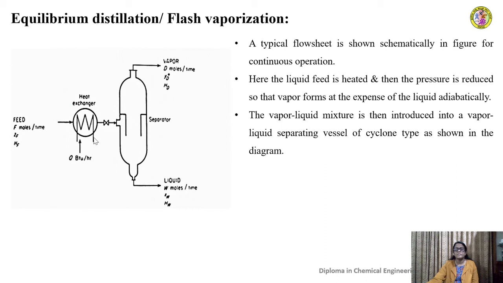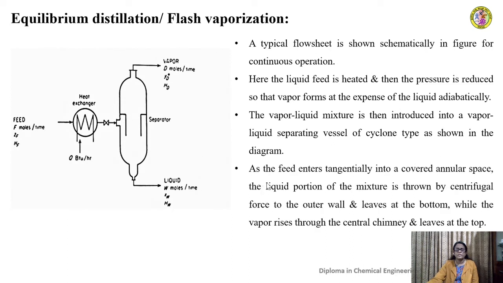The vapor liquid mixture will then be introduced into the vapor liquid separating vessel of cyclone type as shown in the diagram. As the feed enters tangentially into the covered annular space at a certain velocity, due to the centrifugal force acting on the contents, the liquid will flow along the wall and leaves from the bottom.